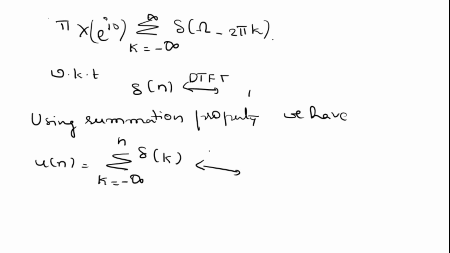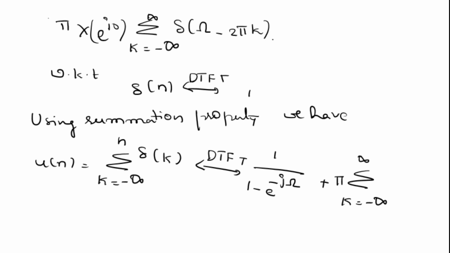If I take DTFT, 1 divided by 1 minus e power minus j omega plus pi into summation k is equal to minus infinity to infinity delta of omega minus 2 pi k.